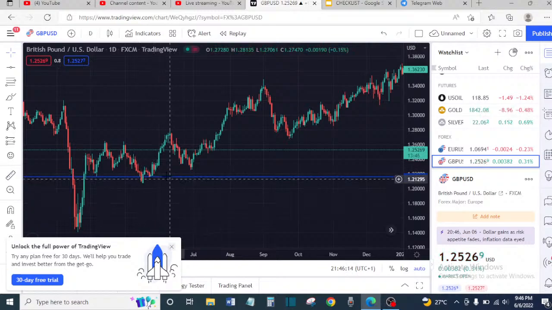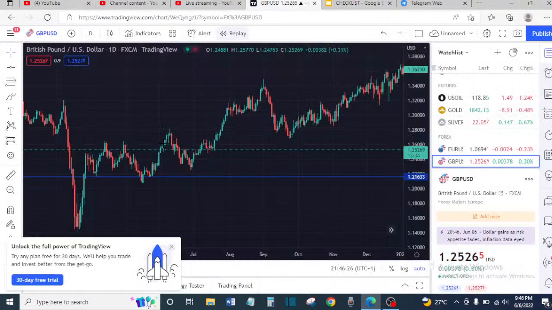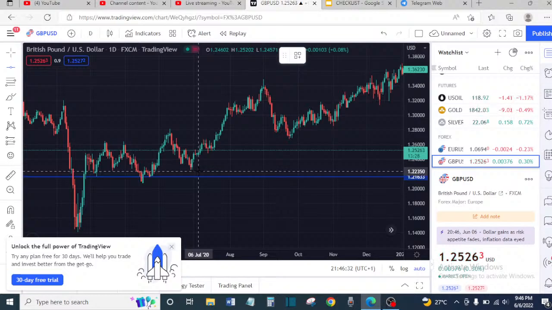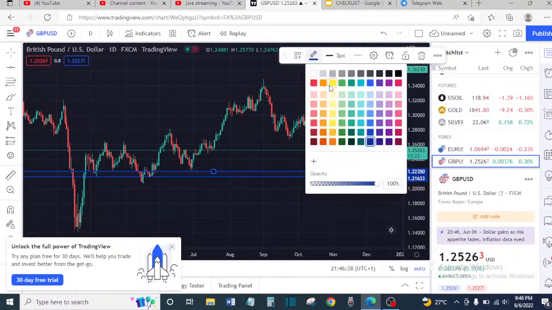Now when you look at where price had a stop, the first point on our checklist is our support or resistance. So here, if you look at this point, we are at the base there.